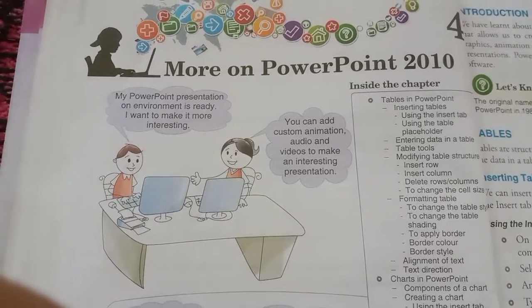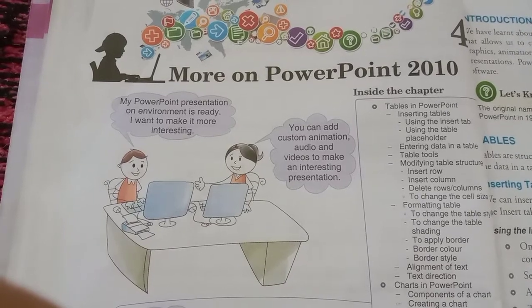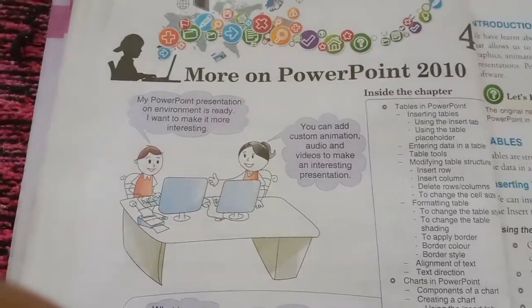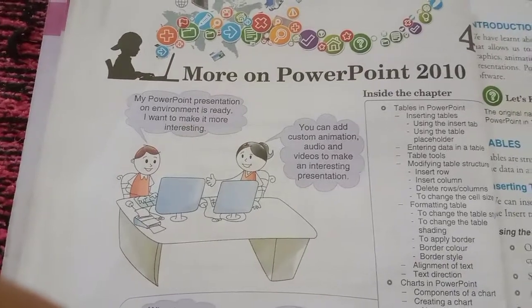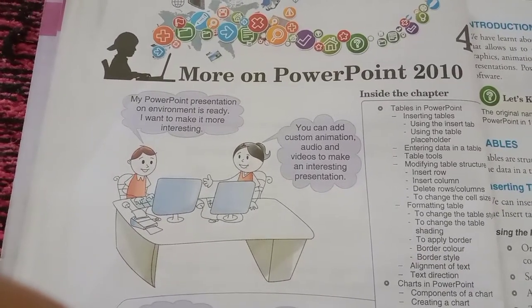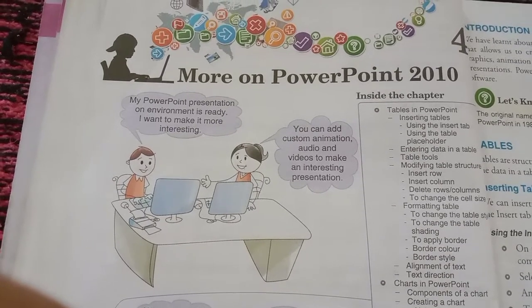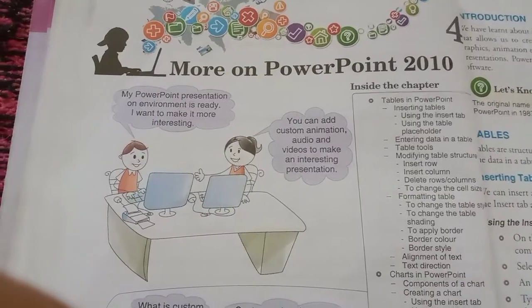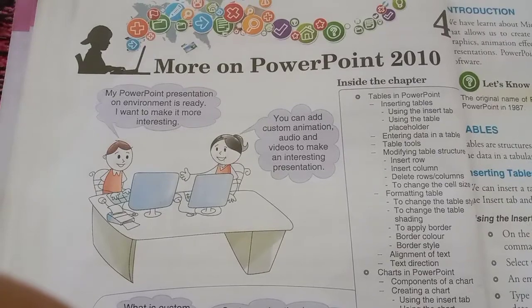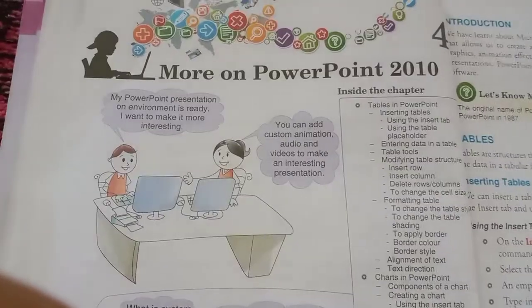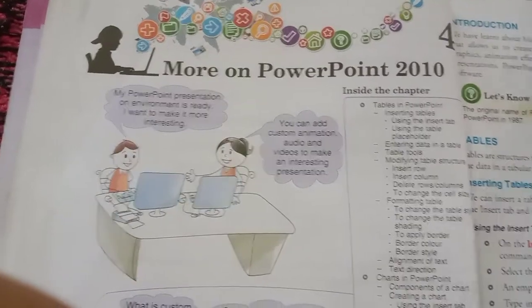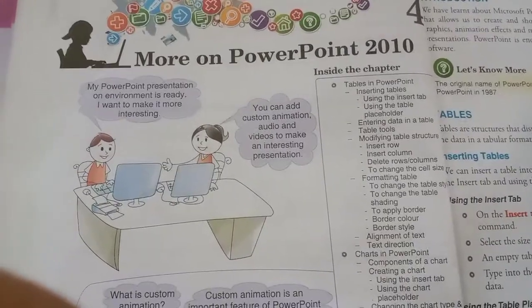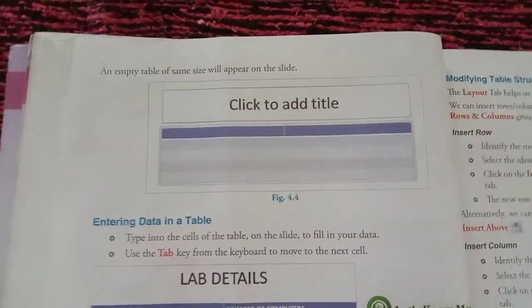The Insert Table dialog box appears, where you enter the number of columns and the number of rows you want. After putting in the numbers, click on the OK button. After clicking OK, the table is automatically inserted in your slide. Then we get this type of table on our screen.